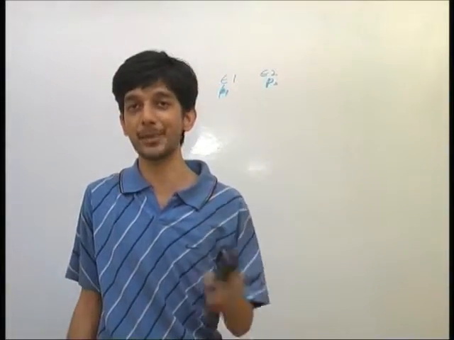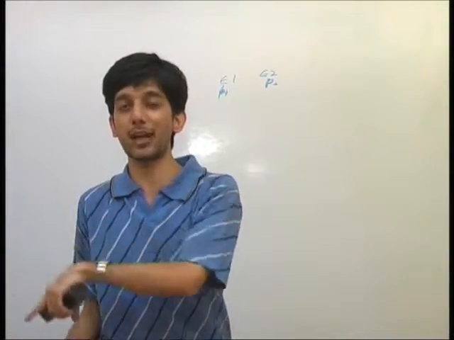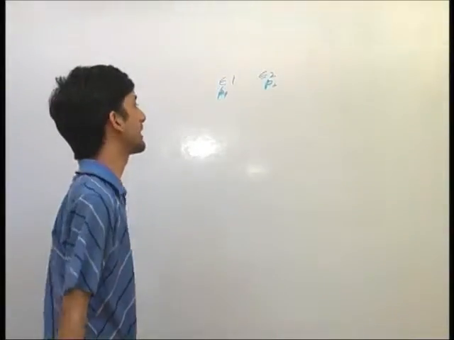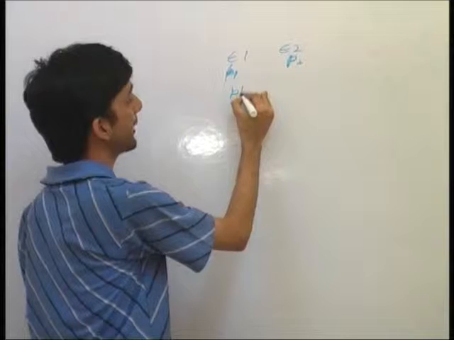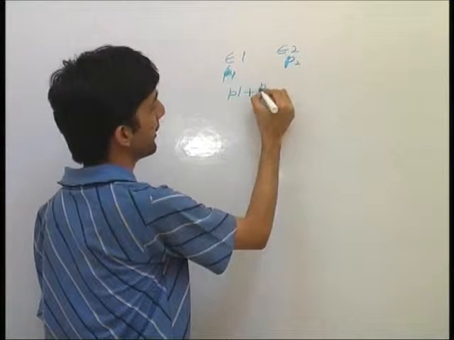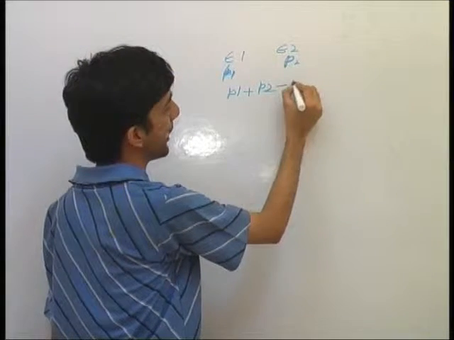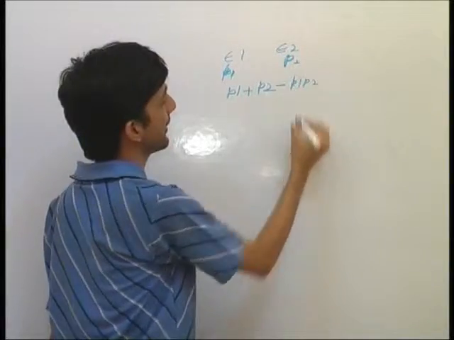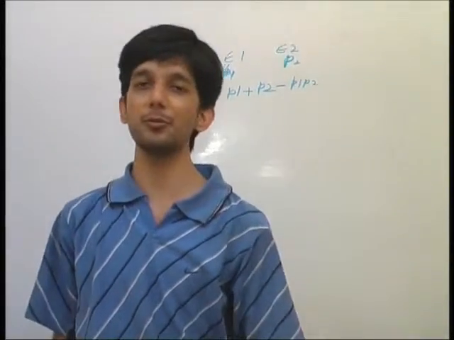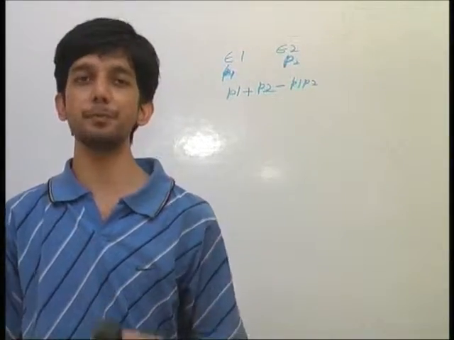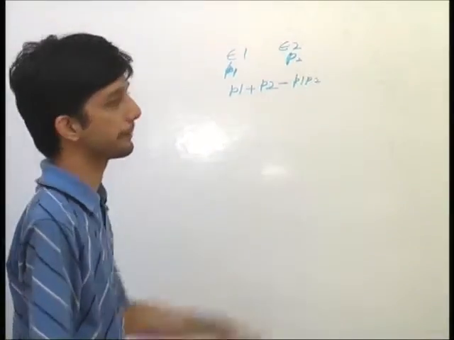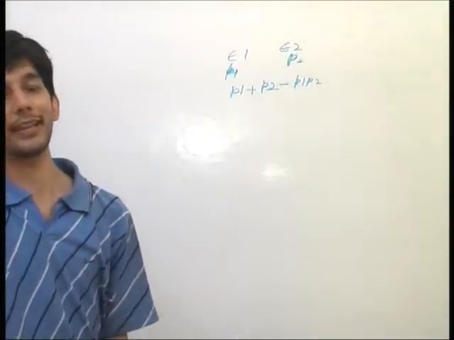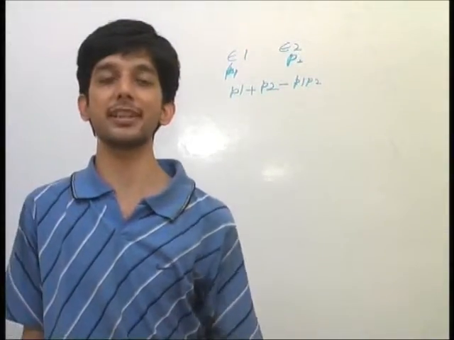Either event E1 happens or event E2 happens, and that I know is nothing but the probability that E1 happens plus the probability that E2 happens minus the probability that both of them happen. So that is P1 plus P2 minus P1 into P2. That is what the net probability comes out to be. That is the application of the probabilistic OR.